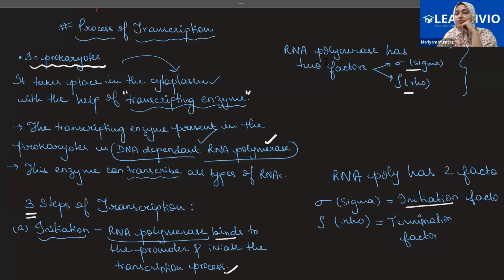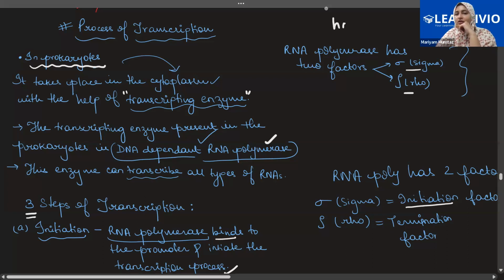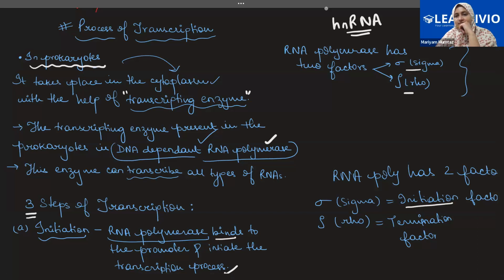I just asked so as to know where you are in terms of your understanding of the topic. It is the precursor of mRNA, right?